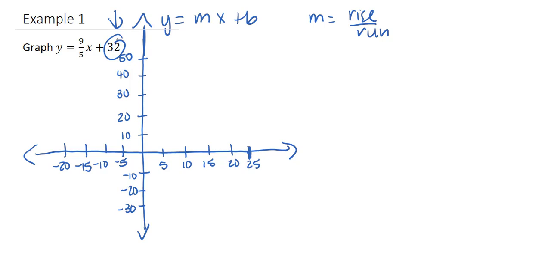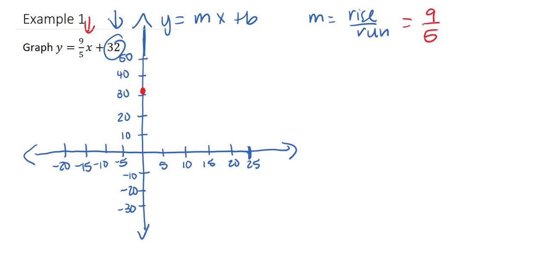So this is 32. That means this line is going to cross at 32. So let's say 32 is right there. This is our b, the y-intercept at 32. Then we're going to use the slope, which is 9 over 5, to find the next point.